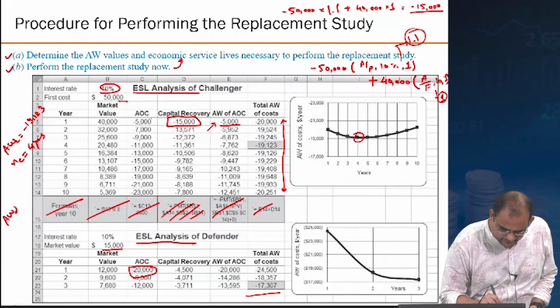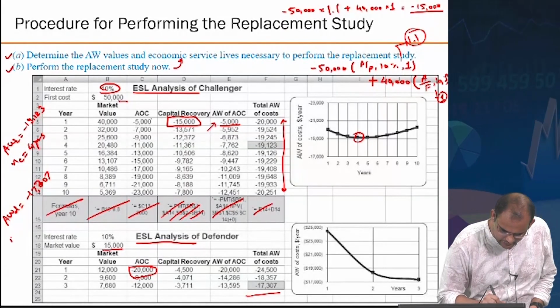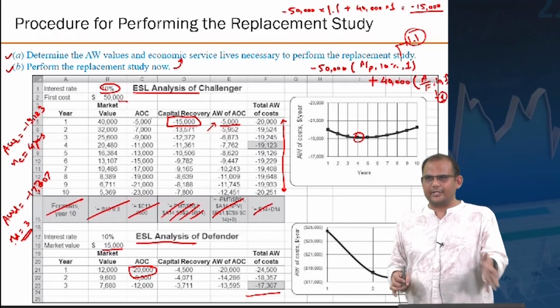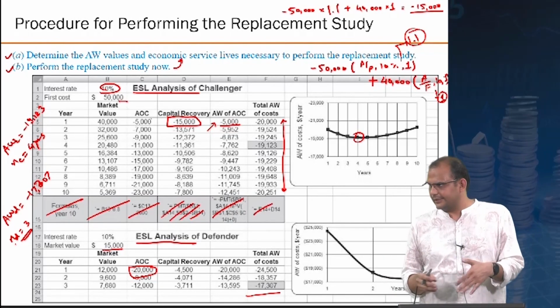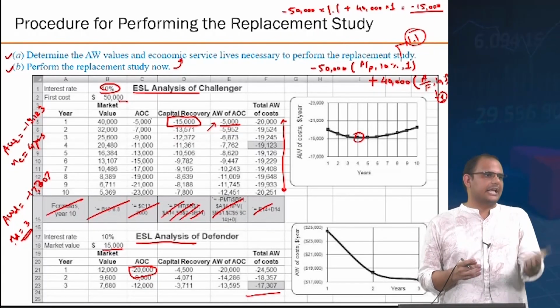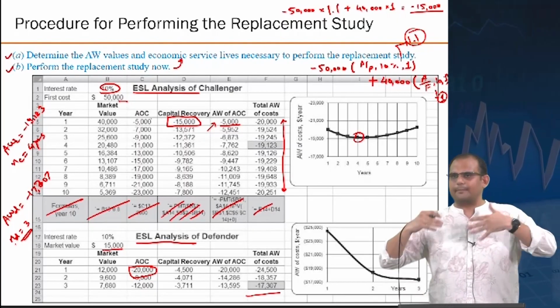Your AWD value is 17,000 and your ND value is 3 years. So this year, what is your decision? Retain, because your total cost of Defender is lower than the Challenger. So this year at least you retain. Move to step 2.